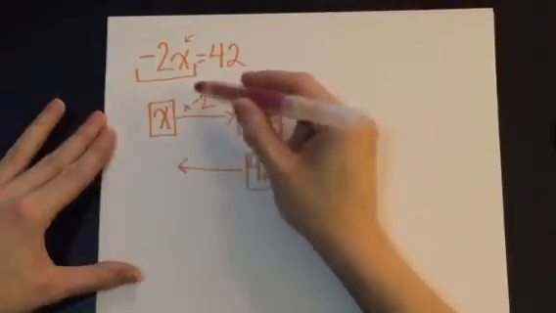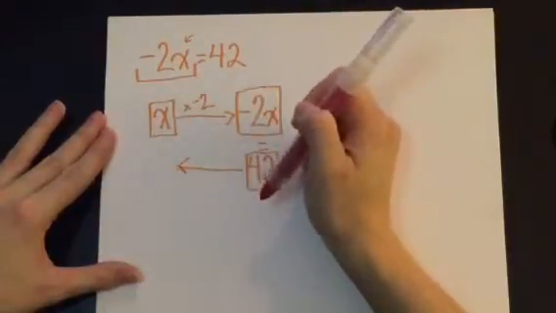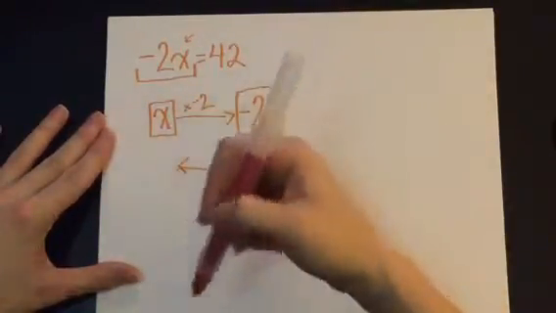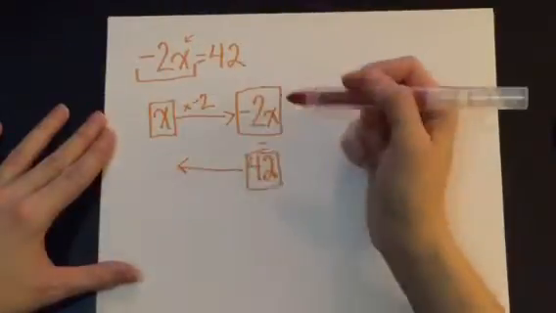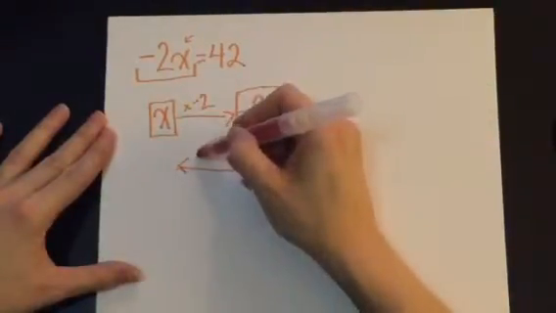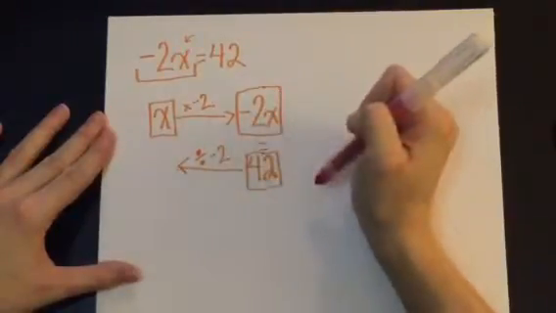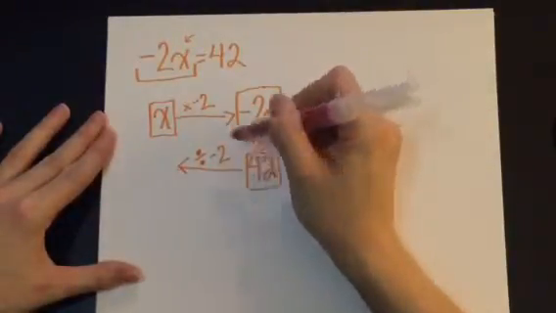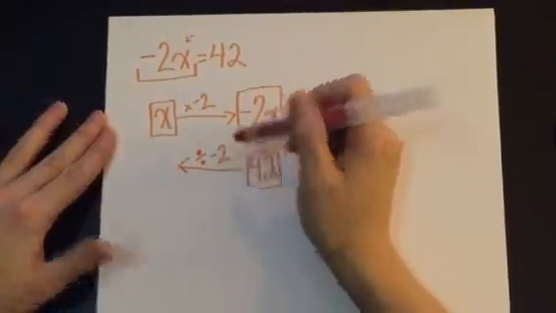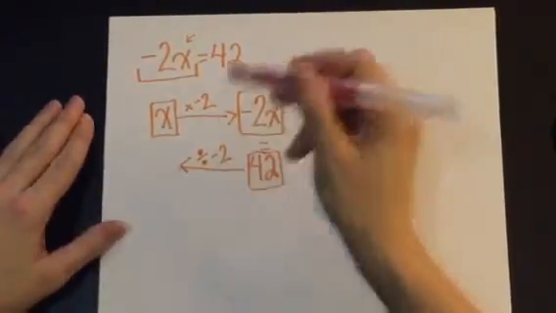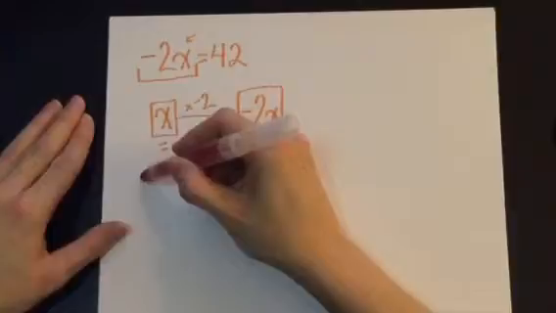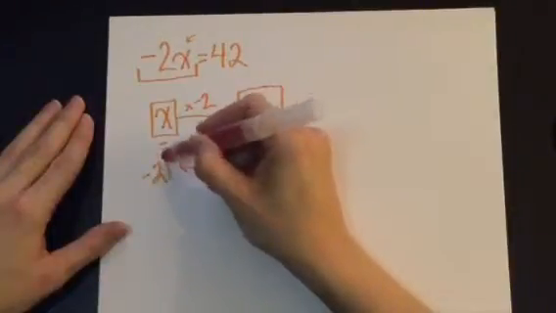We're going to undo this multiplying by negative 2. To undo, or do the inverse of, multiplication is to divide by negative 2. So 42 divided by negative 2, you could plug it into your calculator if you want, equals negative 21.